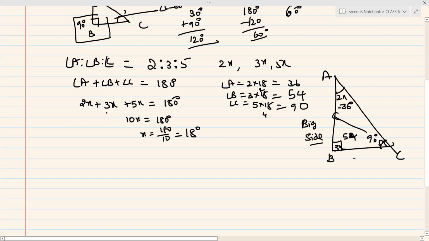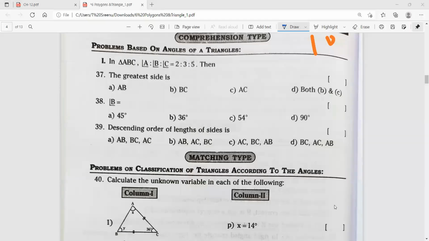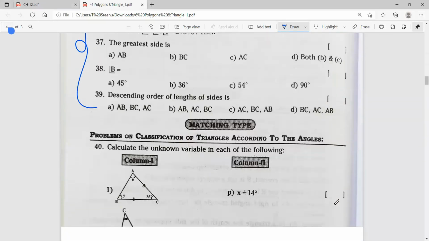And the smallest side obviously is BC. So the descending order of the lengths means AB, AC, BC, because AB is the longest. Okay. Now let us open the options. We will go for the objective. Please check this. So if you understand this, please try it.